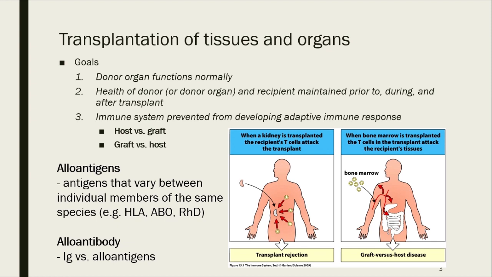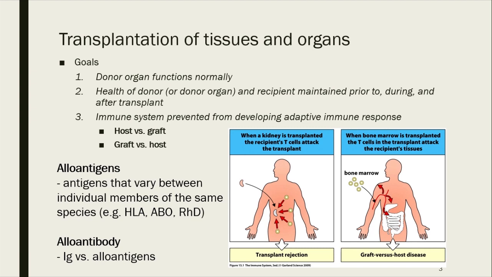Here we're talking about a live transplant. If you are transplanting a donor organ from a deceased person, then of course maintaining the health part is only relevant to the recipient. And the third goal is to prevent rejections.